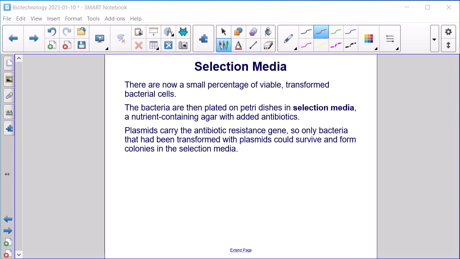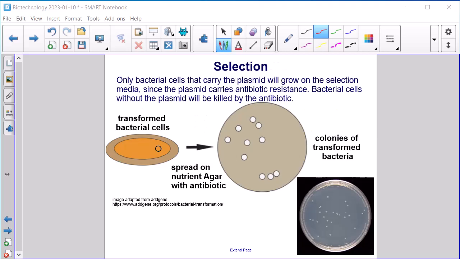The bacteria are then plated on petri dishes in selection media, a nutrient-containing agar with added antibiotics. Plasmids carry the antibiotic resistance gene, so only bacteria that has been transformed with plasmids could survive and form colonies in the selection media. Only bacterial cells that carry the plasmid will grow on the selection media, since the plasmid carries antibiotic resistance.